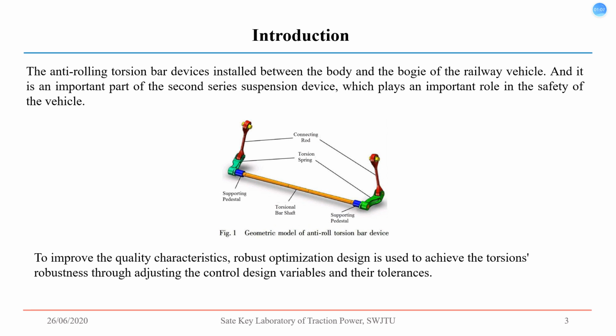From Figure 1, we can find the connecting rod, torsion spring, supporting pedal, and torsion shaft. To improve the quality characteristics, robust optimization design is used to achieve the torsion bar's robustness by adjusting the control variables and their tolerances.